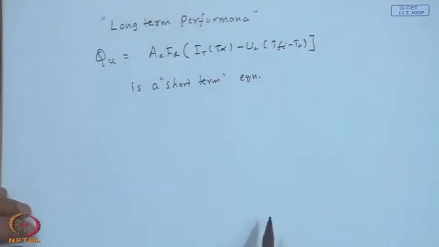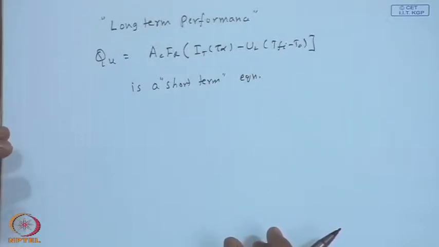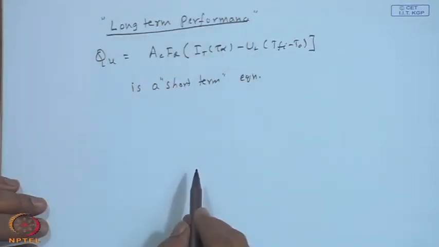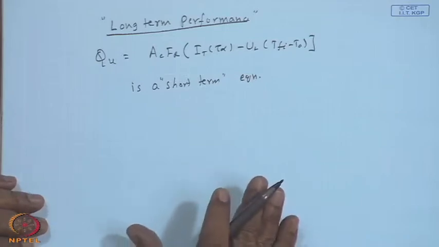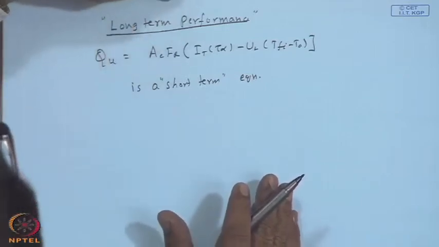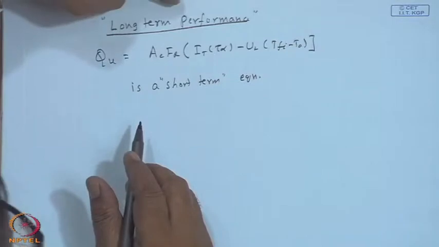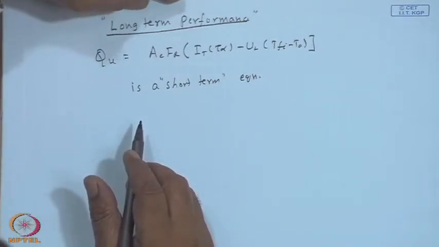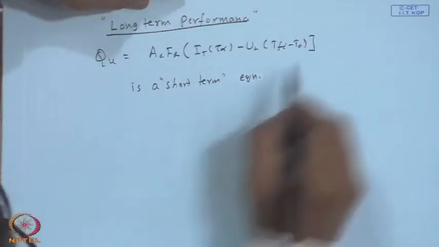So, you repeatedly apply this equation for different solar radiation, different hours, different days, and sum up over the year, and you will find out what is the useful energy delivered by the collector, which we call the long term performance. It is a laborious calculation, that is one part of it, but we will base our assessment of the system adequacy upon long term performance rather than the short term.